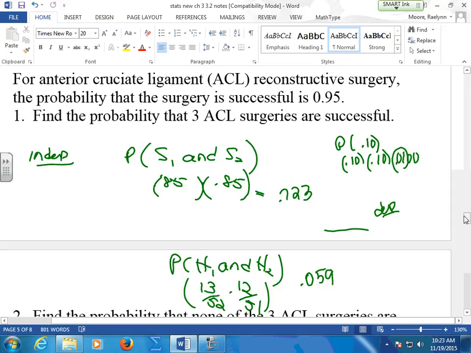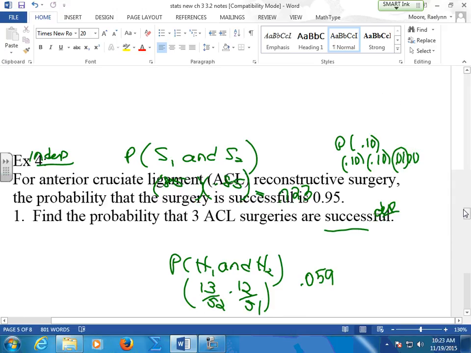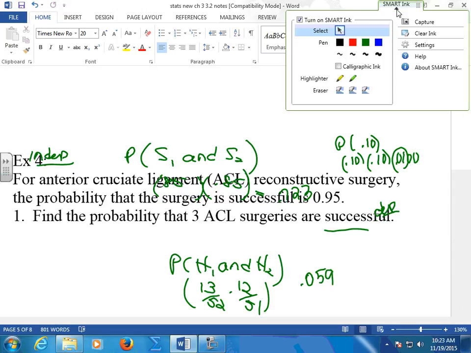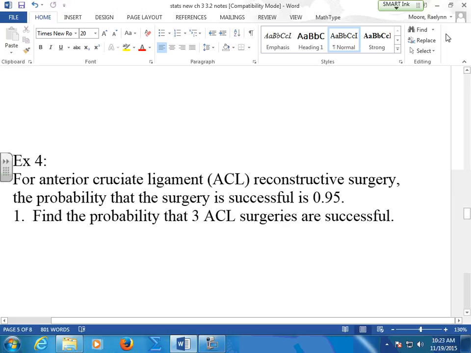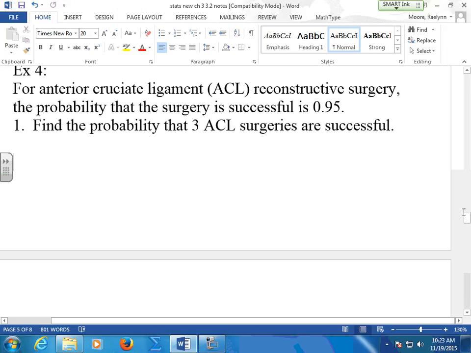Okay, for all you sports people, they redid a lot of these problems in here. And they made it, I guess, a little bit more for you guys. They had successful surgeries. They made this one an ACL reconstructive surgery. So for an ACL reconstructive surgery, the probability that the surgery is successful is 0.95.